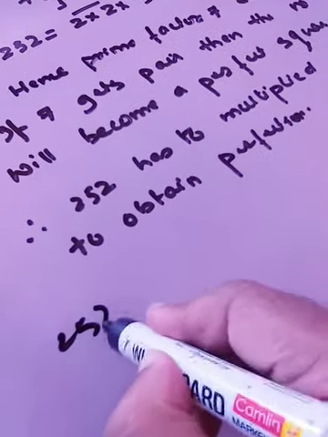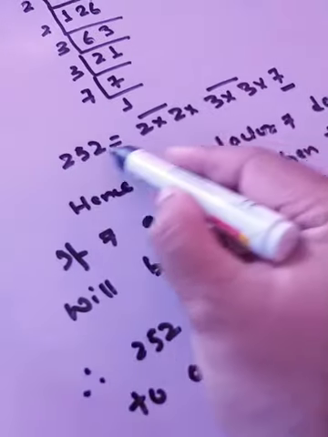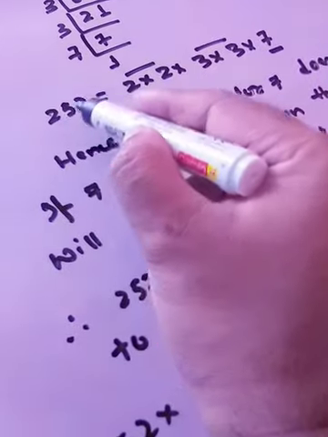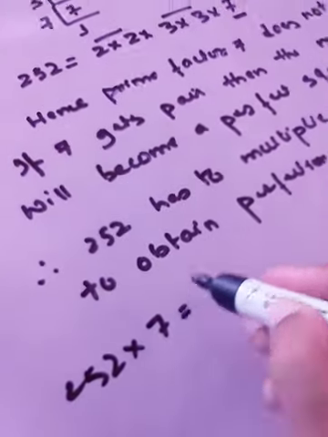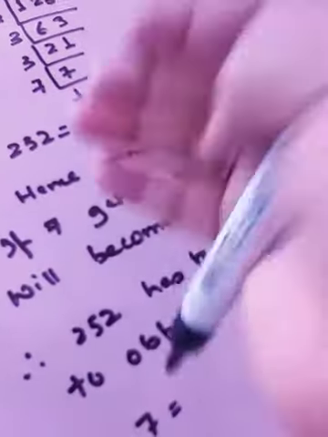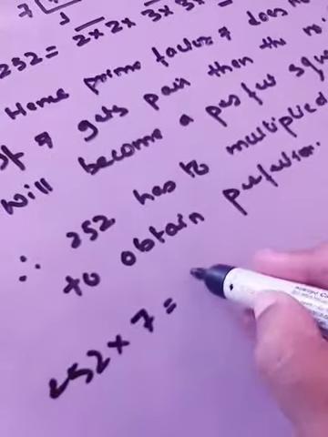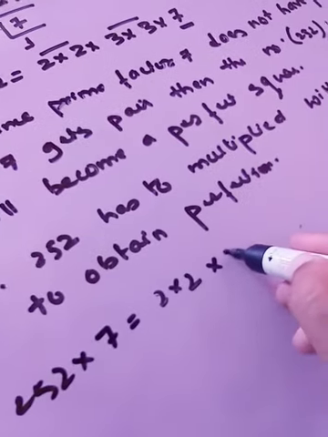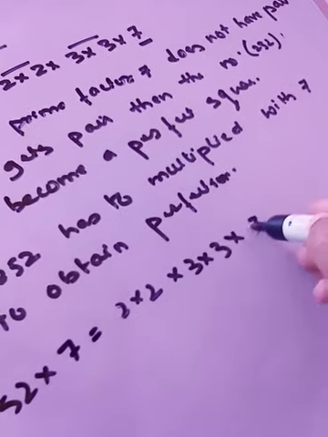Suppose we write this again in a different format. Now we will multiply 252 with 7. If I am multiplying on the left hand side with 7, the same treatment I will do to the right hand side also, so we'll include another 7.